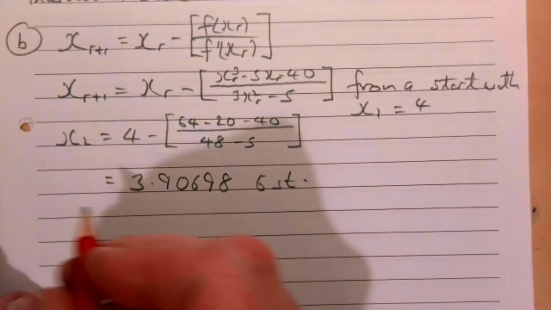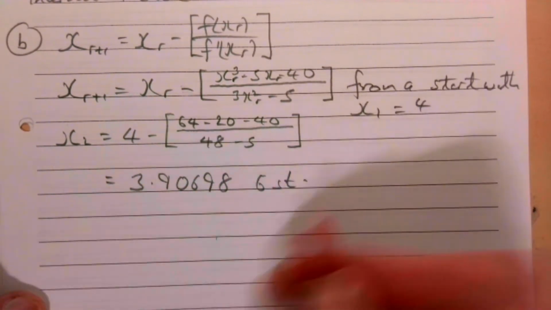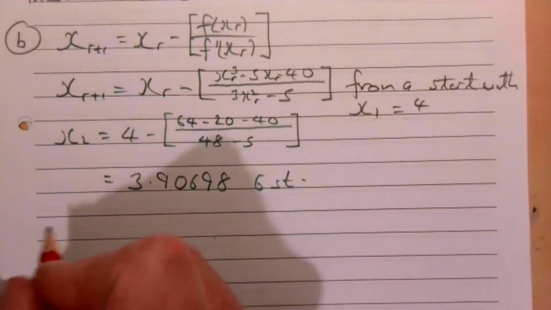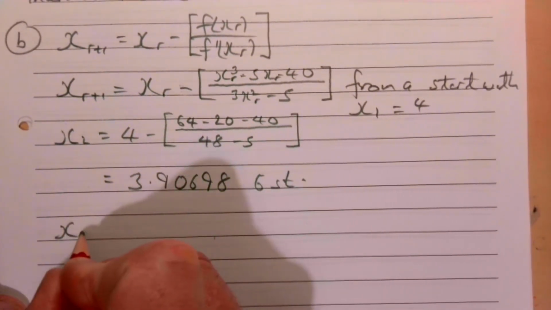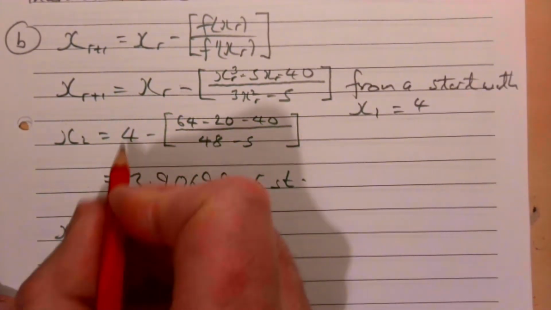So how to work out my x3? Now your calculators will do this for you. You can just hit a button and it'll stick the next number into it. But we're effectively subbing in our x2 in here.